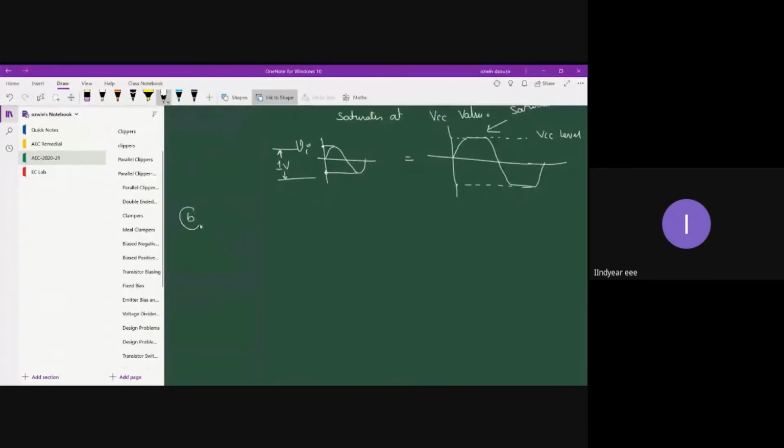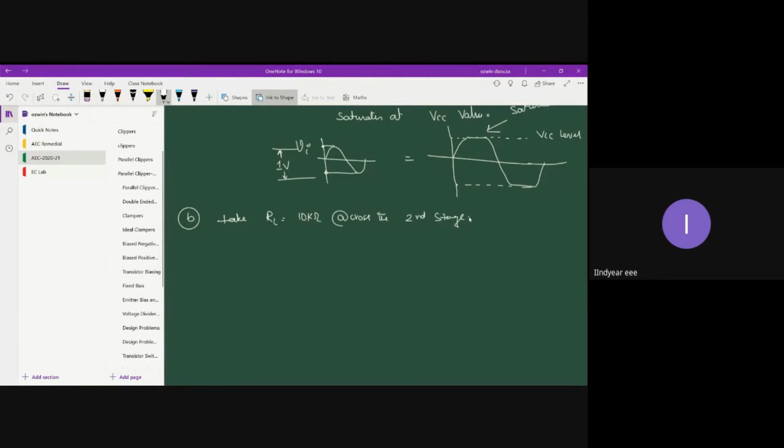That's the first part. In the second part, you need to redo part 1 by taking a load resistance of 10 kilo ohm across the second stage.